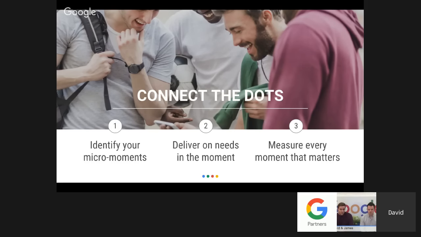Once you've done this, it's your job to deliver the right content, user experience, and relevant marketing messages in the moment. Finally, you need to take the steps to measure every moment that matters. In a world where the consumer journey is fractured and moving across devices and channels, that means being comfortable with imperfect measurement and constantly testing and iterating to close the gap.